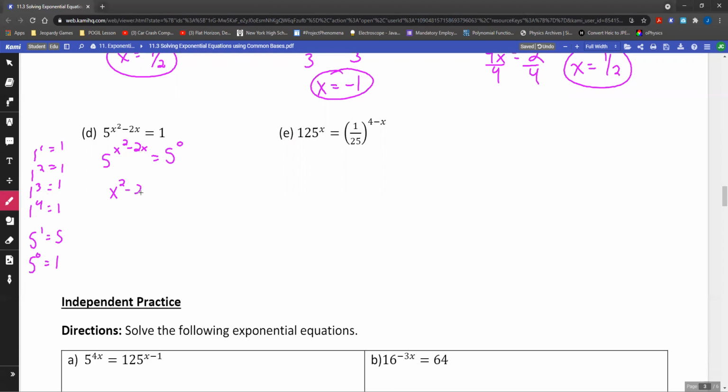Setting these exponents equal to each other, I can then add the 2x over. Actually, I don't want to add that 2x over. I actually want to factor the x out.